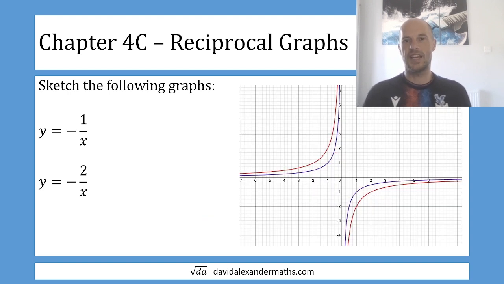So this is minus 1 over x, and the red line is minus 2 over x. The blue one is closer to the origin than the minus 2 over x. So the greater the number here, the further it is from the origin.